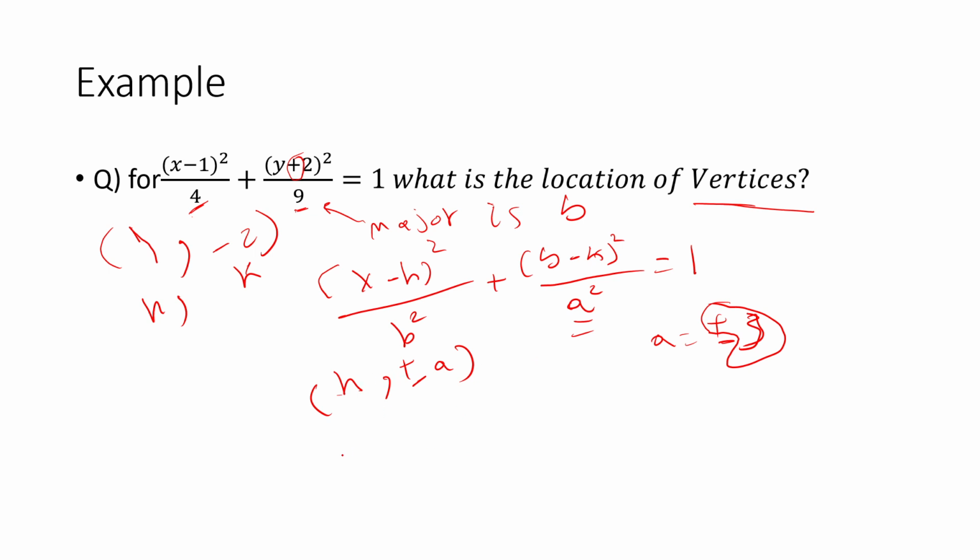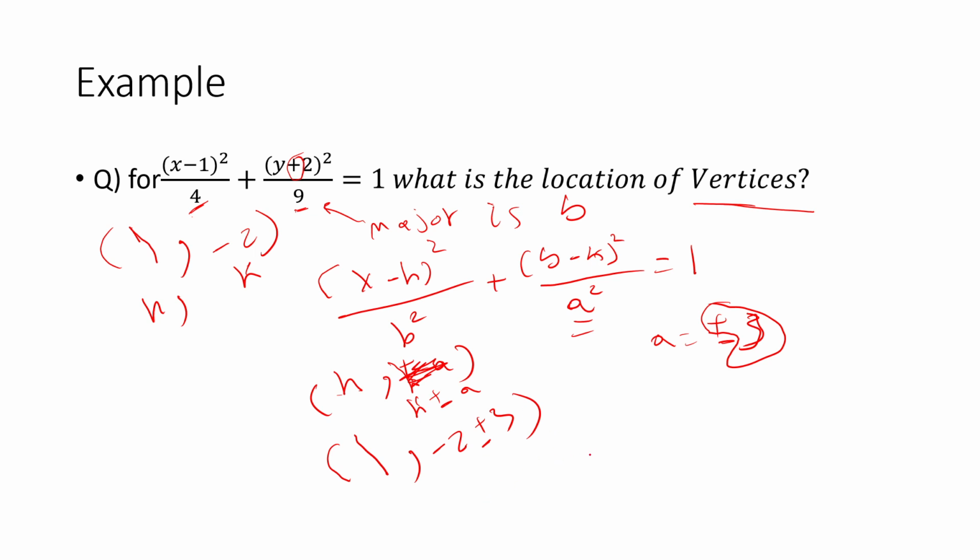We know h is 1 from the center, and k is negative 2. So we have h as 1, and k is negative 2. a is 3, plus 3 or minus 3.